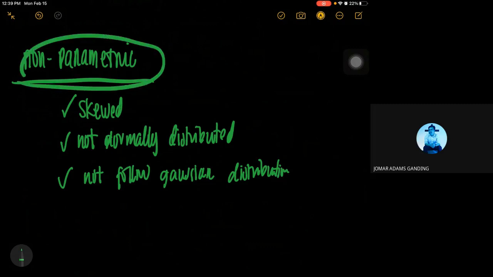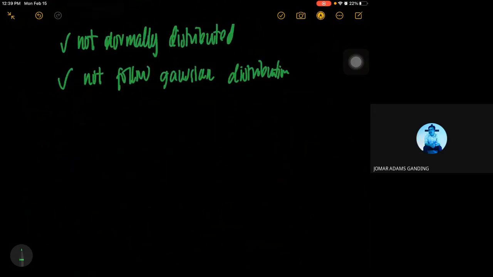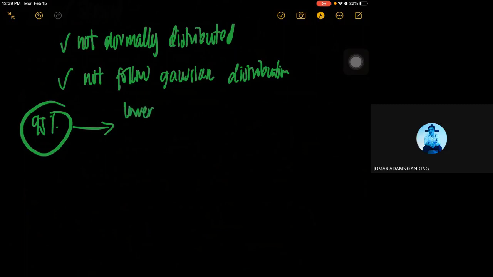And what is the number one there? The 95% interval would mean that you would be getting your lower limit from the 2.5% and your upper limit from the 97.5%.